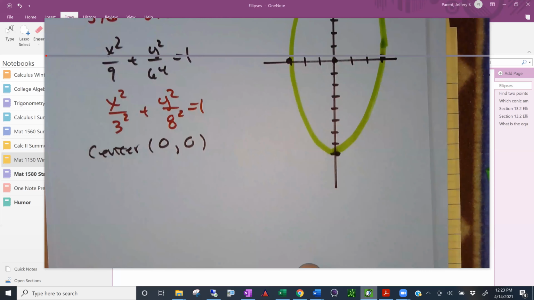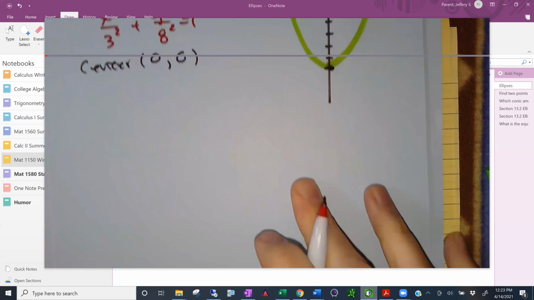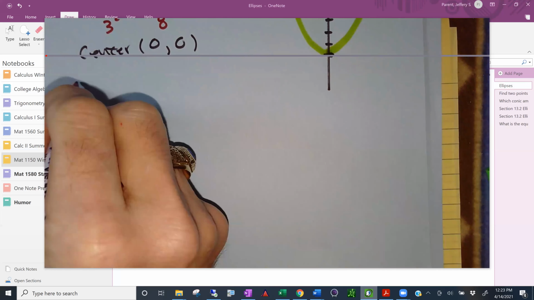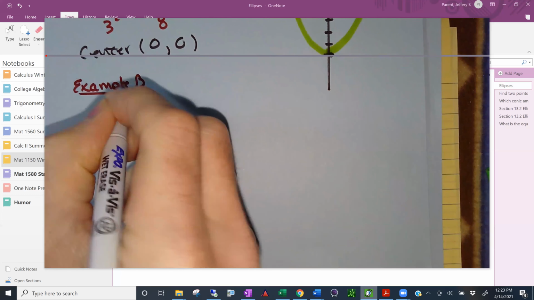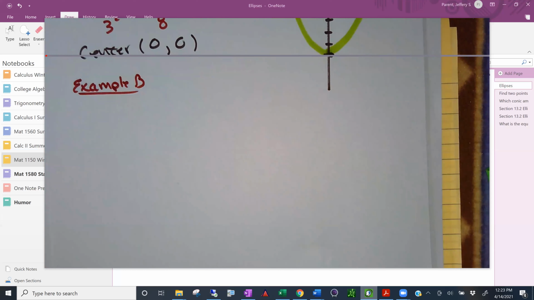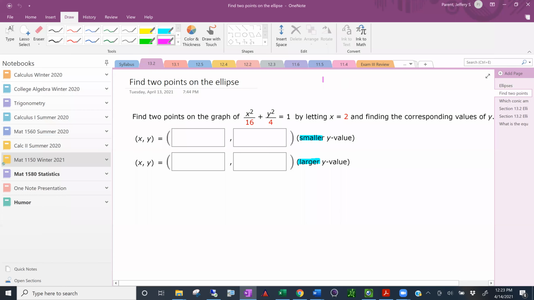Now, there are a couple of problems that do ask you to do some graphing, and they're very specific. Let me show you what they look like in WebAssign. So let's go to this one.